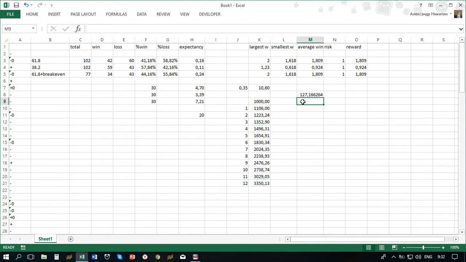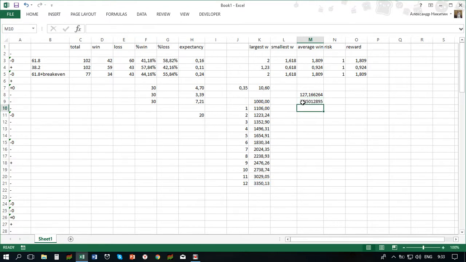So net profit is this minus what you have started from, and it should be divided by your initial account. Yes, this is your net profit, what you have generated, divided by what you have started from.